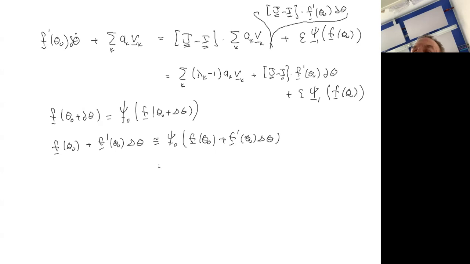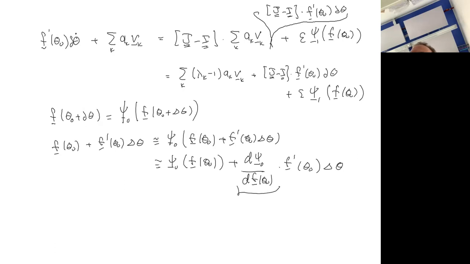And this is approximately equal to psi naught of f of theta naught plus d psi naught df of theta naught dot f prime of theta naught delta theta. Okay, and this, you remember, is just a Jacobian.